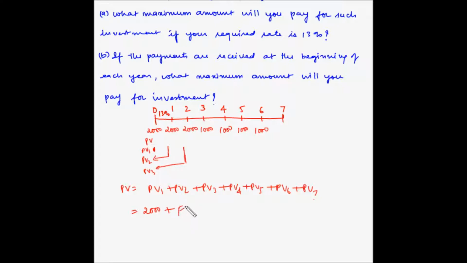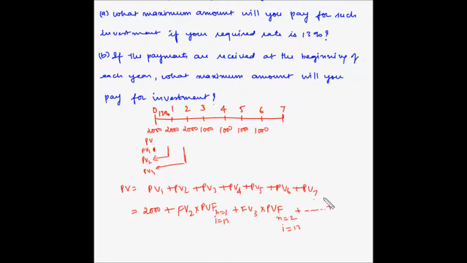So this will become FV2 into present value factor where N is 1 because this is going to be discounted for 1 year, or in other words PV2 when invested at the beginning of the tenure is getting interest of 13% only for 1 year, and I is equal to 13. Plus for PV3 it will be future value 3 into PVF N is equal to 2 and I is equal to 13 and so on.